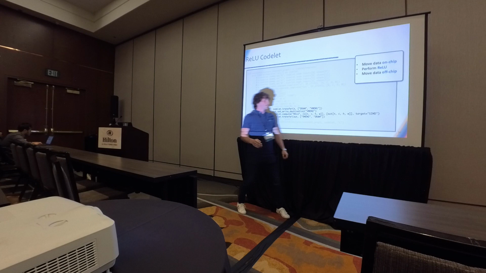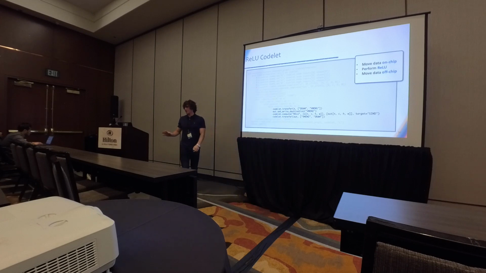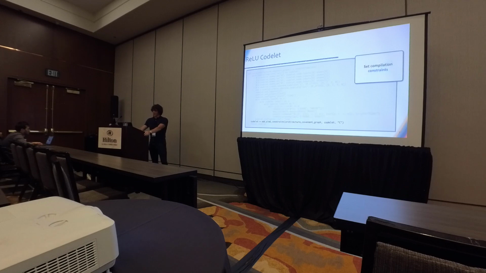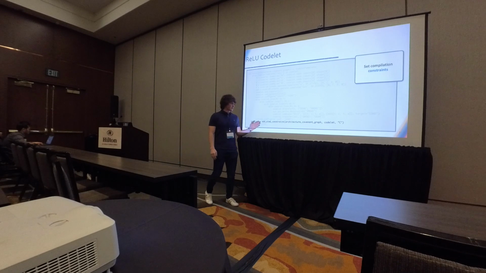We're targeting the SIMD, which is the tandem processor, so that gives the mapping to the compute unit there, and then finally we transfer the output from the vector memory back to the DRAM.